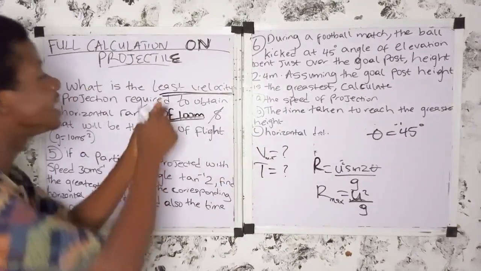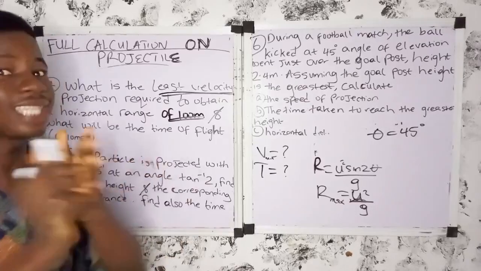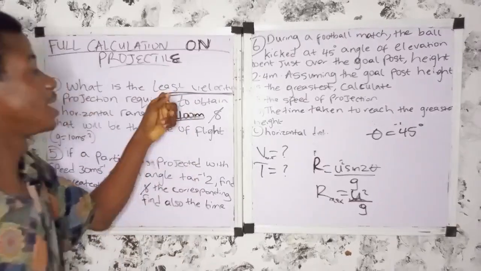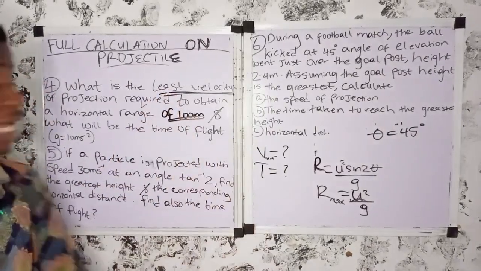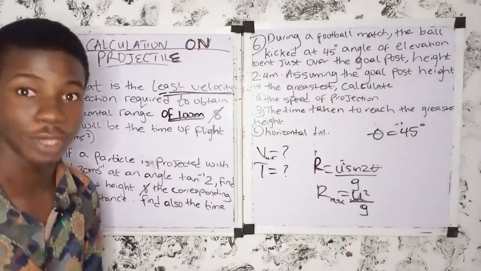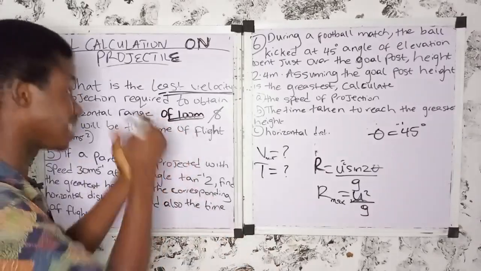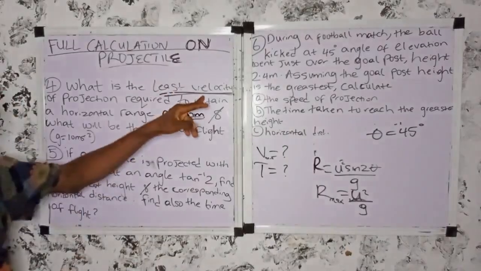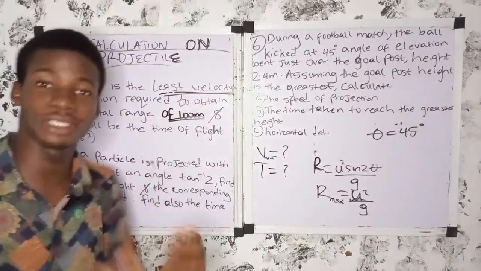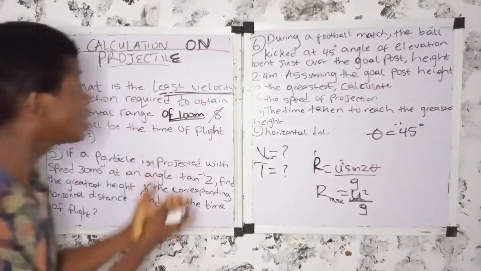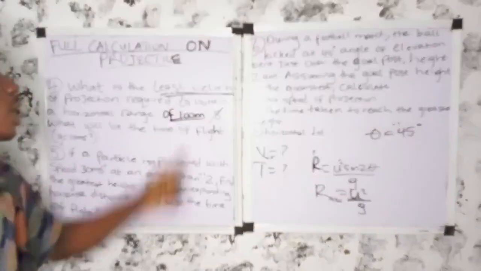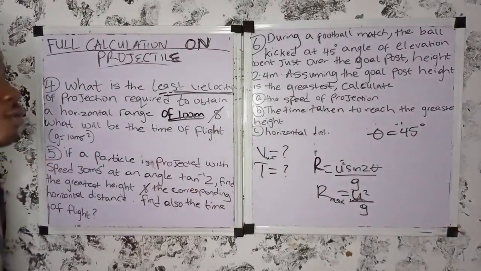That is why they placed least velocity here. They didn't tell us, that's why they placed least or minimum velocity, because they didn't put an angle in this question, right? They didn't put any angle directly, but there is an angle. Take note: least velocity of projection relating to range usually occurs when the angle of projection is what?